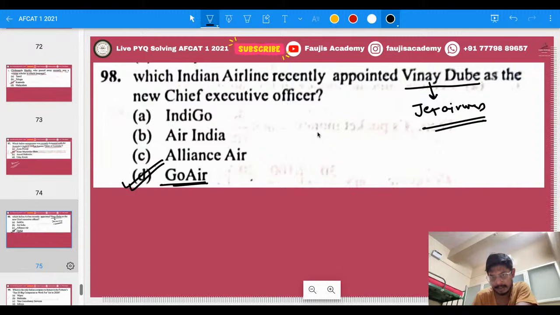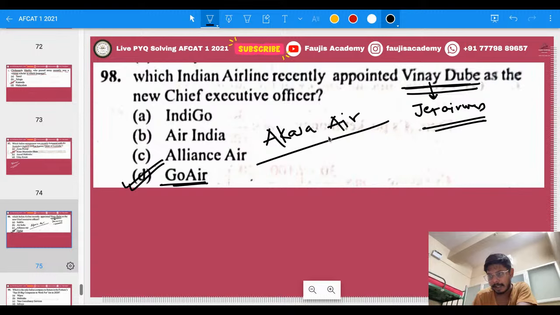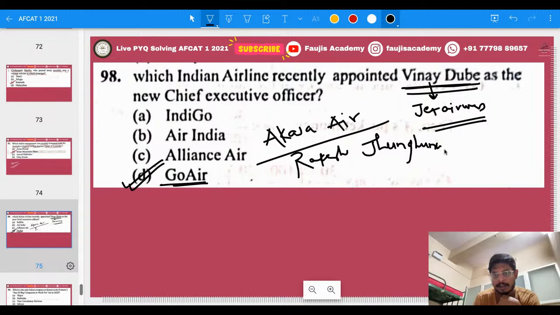Right now, in the present day, this Vinay Dubey is the CEO of Akasa Air. Akasa Air is backed by the investor Rakesh Jhunjhunwala. He's a trader. He traded and built a company, Akasa Air, and the CEO of that is Vinay Dubey.